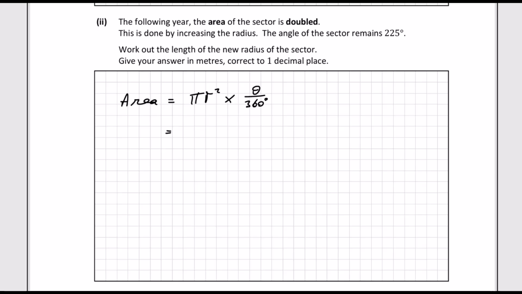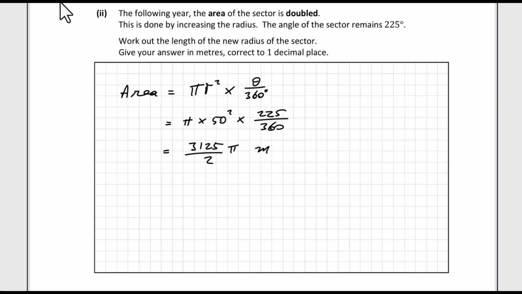In our case it's going to be pi times 50 squared times 225 over 360 degrees. When you do that, you get 3125 over 2 times pi. That's the area, and that's in meters squared.